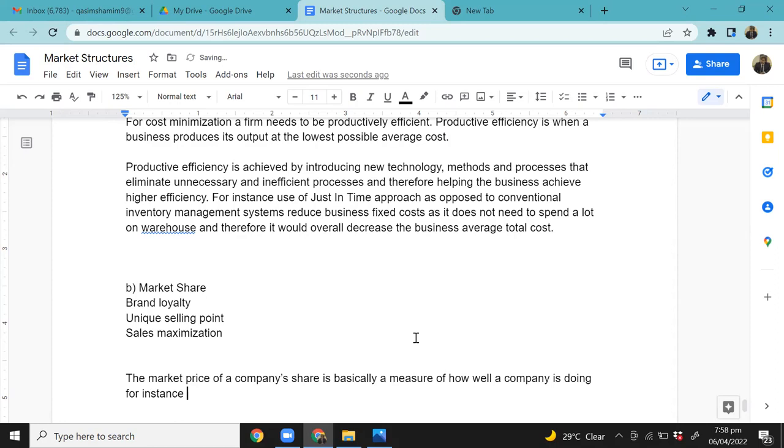For instance, if a company has become more profitable, or even if the company is expected to be more profitable in the future, then the share price will increase, and vice versa, right?